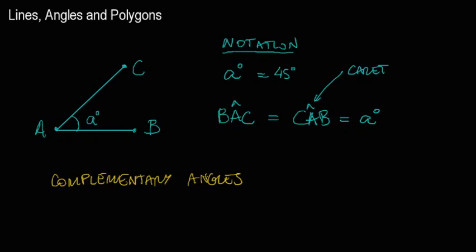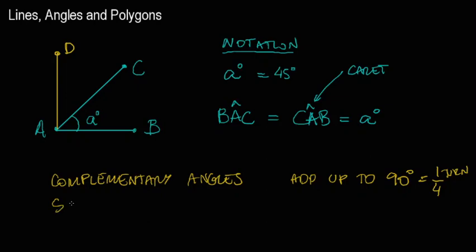Now, when we're comparing angles, there are some special cases. So, for example, two complementary angles are the ones that add up to 90 degrees. So, if I make another line here, let's call this point here D now, I could say that DAC and CAB are complementary, because if you add them, you would have 90 degrees, which is a quarter of a turn.